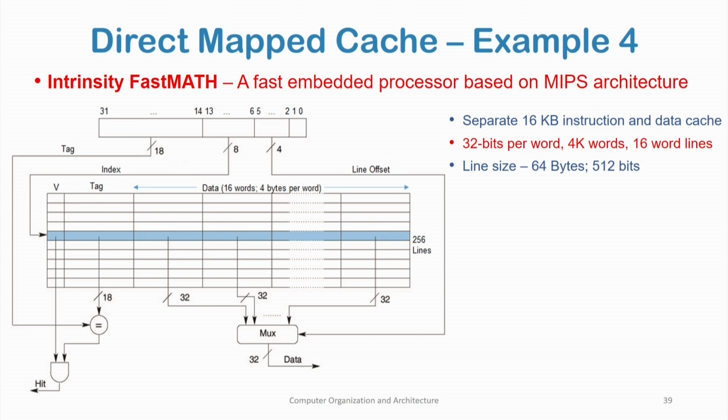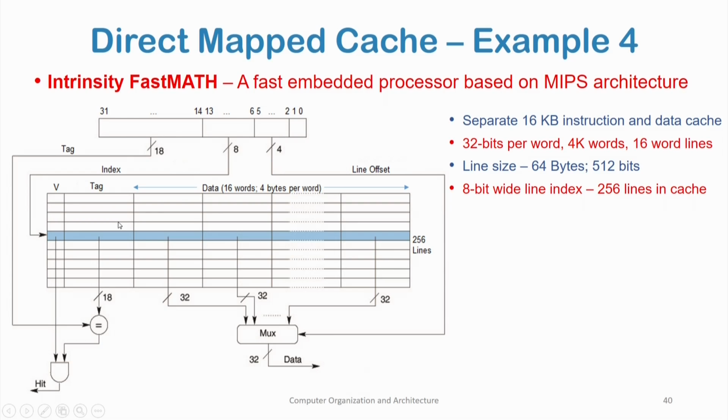We have 4K words in the cache, and 16-word lines, so each line contains 16 words. So, the line size is 64 bytes: 16 words each containing 4 bytes is 64 bytes, or 512 bits.